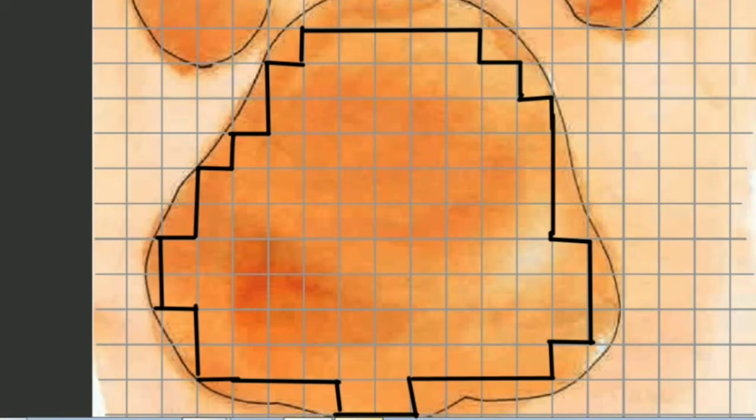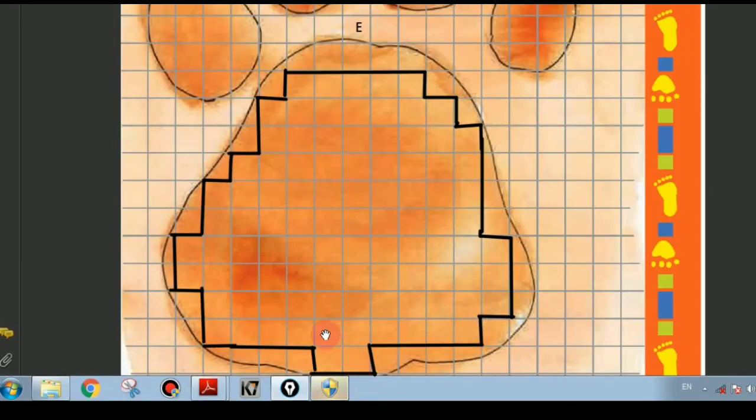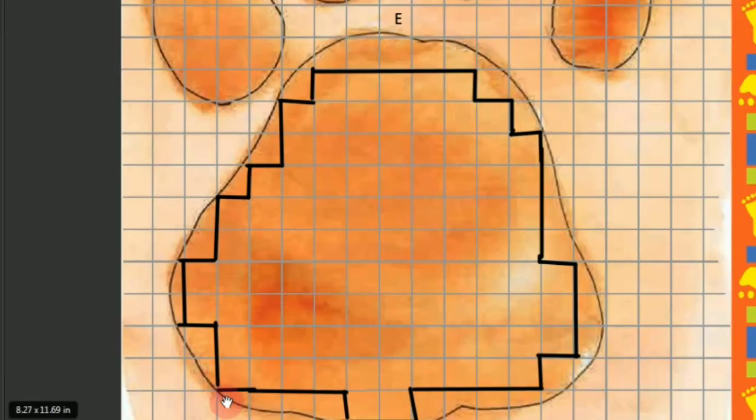Now let's calculate the area of part E. First count how many complete squares, then more than half filled squares, and then half filled squares. Total complete squares are 96. Half filled squares are 2.